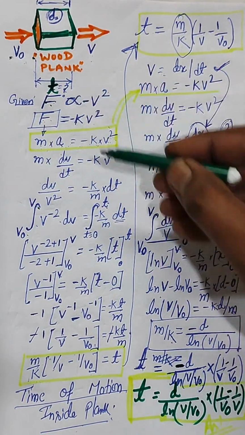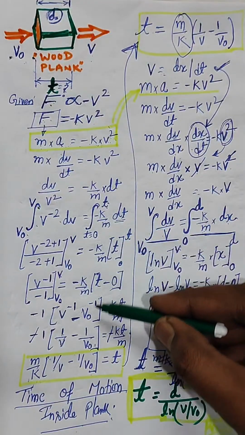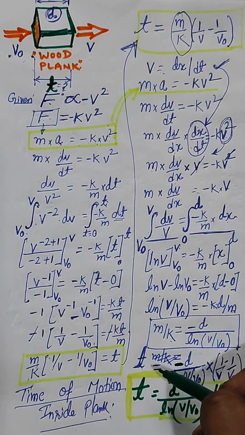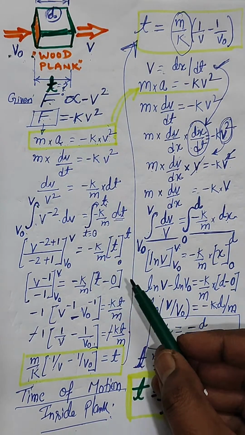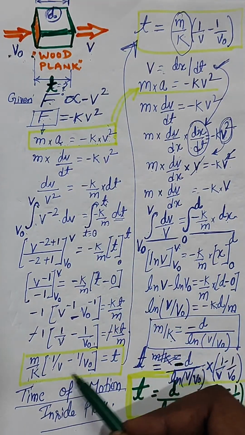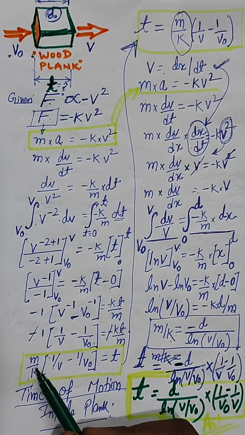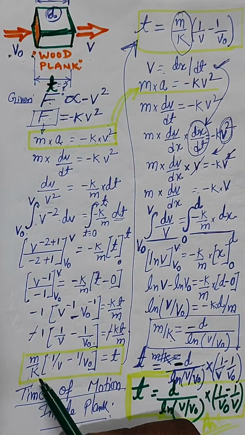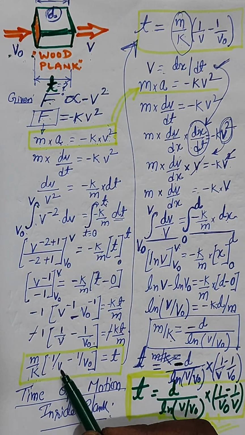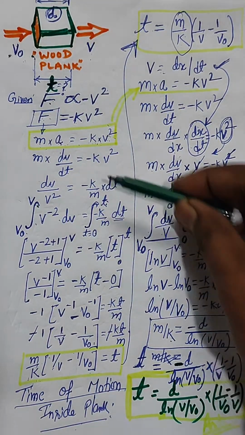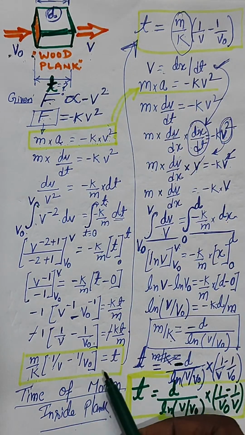Just do the integration, and this will give you the time in terms of the mass m, the proportionality constant k, and the velocities v and v0.